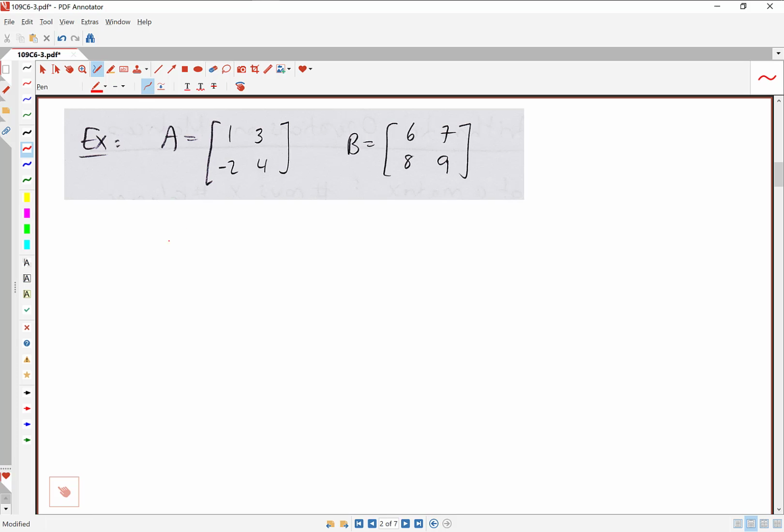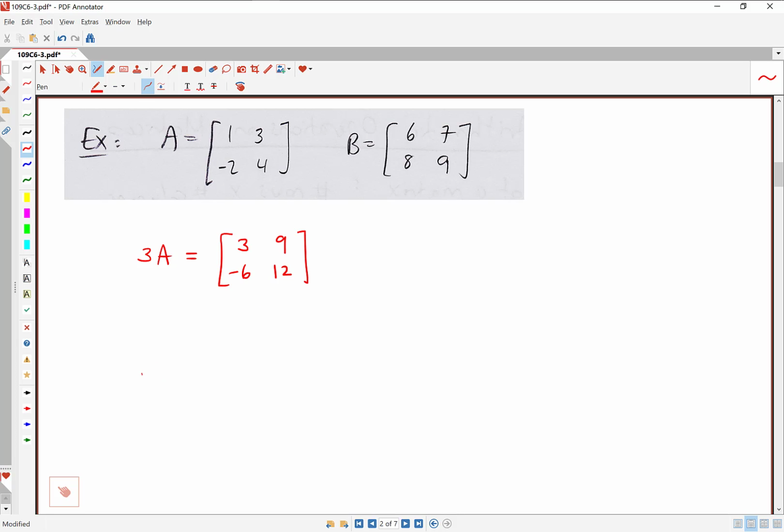So now let's try some operations on matrices. We're going to try doing 3 times A. So what that means is multiply every entry in your matrix by 3. So looking up at the matrix A and just multiplying by 3, you'd have 3, 9, -6, and 12.